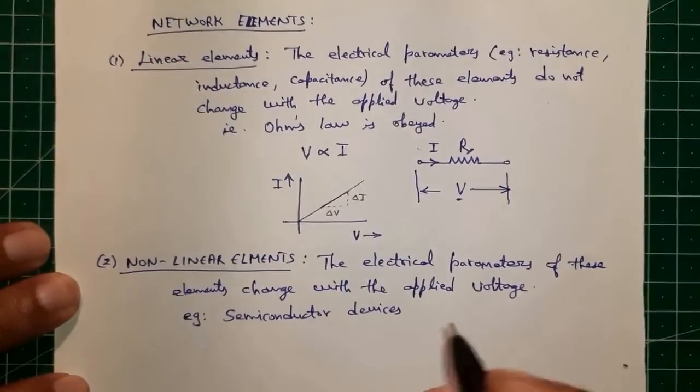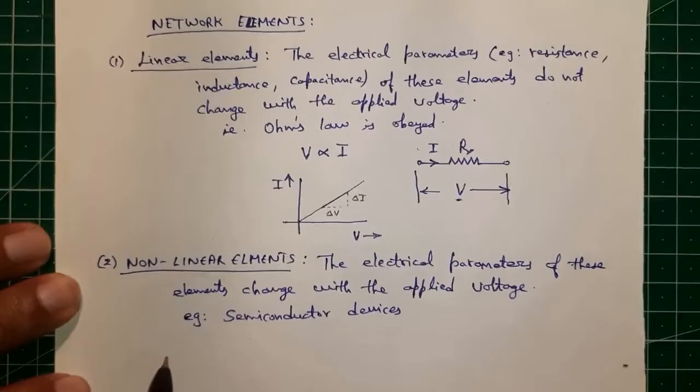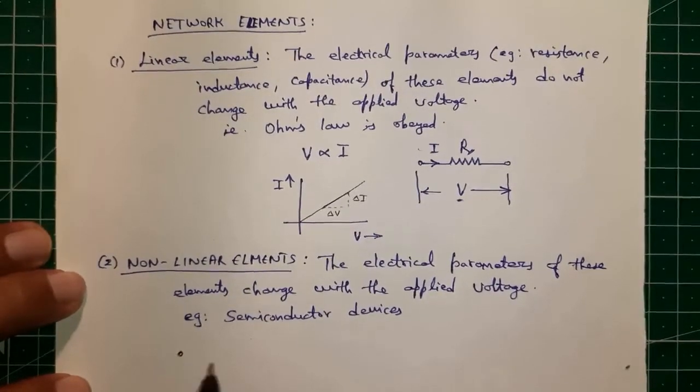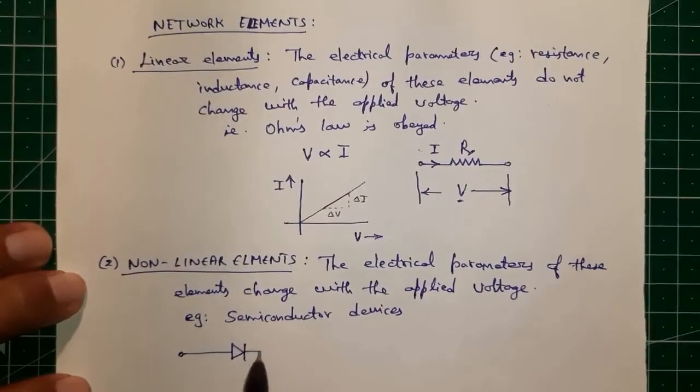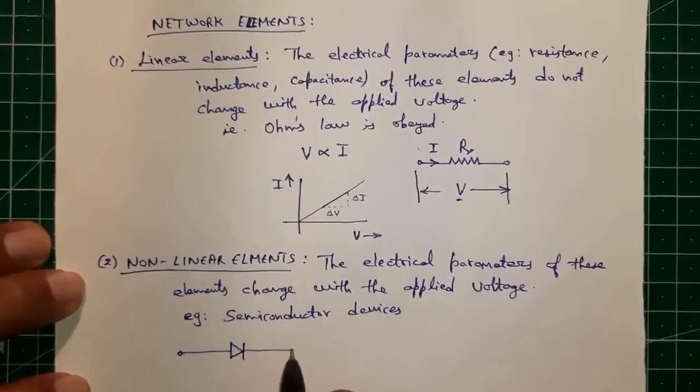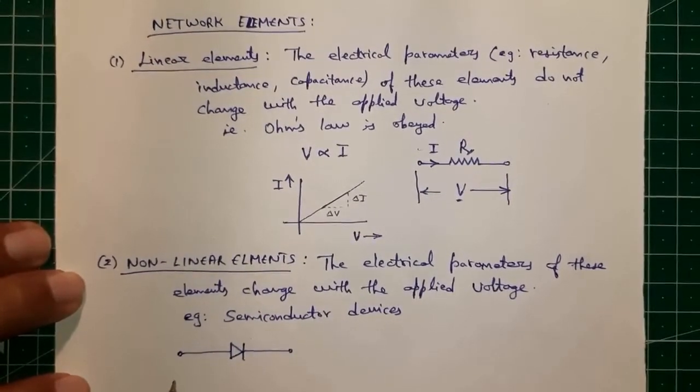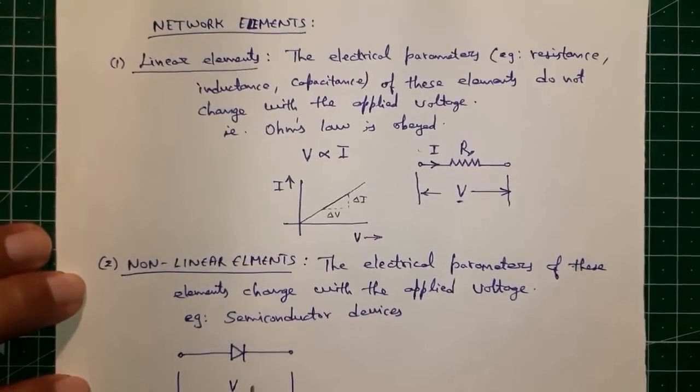So for example, we will take the case of a diode, the simplest semiconductor device that we can consider, a PN junction diode. Let's see the forward bias condition. We are applying a voltage V across this diode.